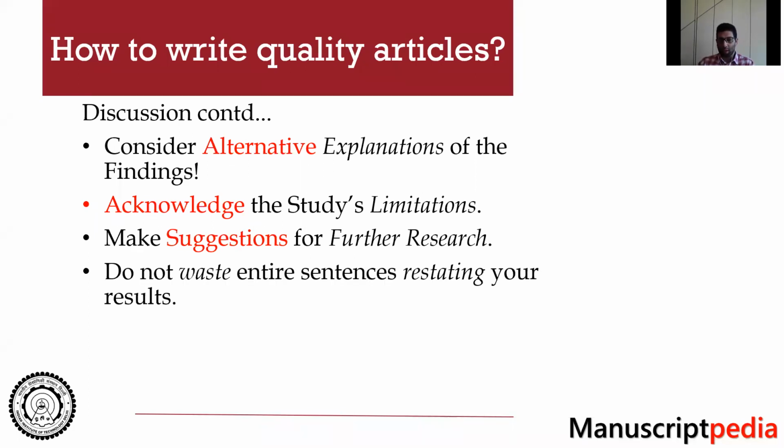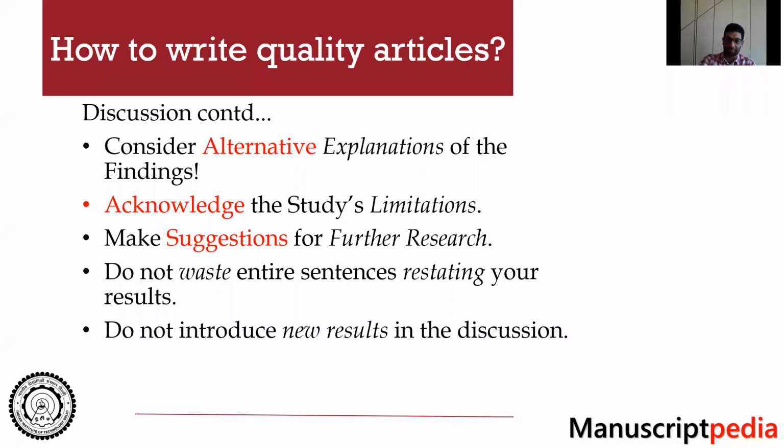Stop repeating your results in the discussion part. You have already done that in the results section. Do not introduce new results in the discussion. Whatever has been introduced in the results part should be explained here.